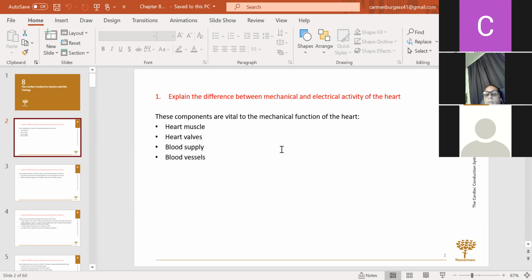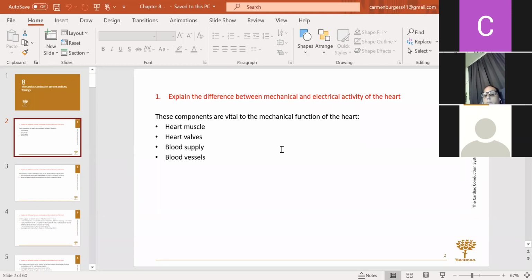What's happening mechanically? Pumping. It's making the heart beat. Contraction and relaxation. That's right. The actual physical part of the heartbeat. The heartbeat is mechanical. It's contracting and relaxing all the time. So it's the mechanics of it.